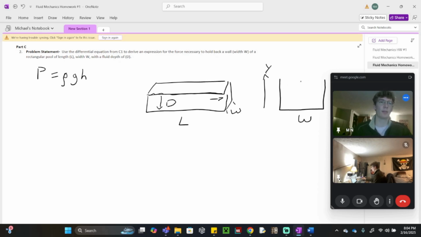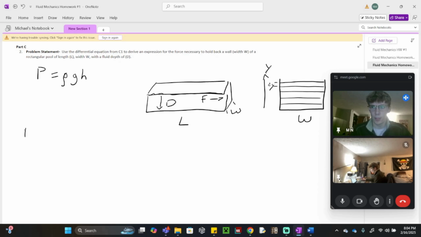The way we're going to think about doing this, because remember, the pressure force acting on this wall changes according to depth. So the deeper we go, the more pressure will be applied on our wall. So we need to take little cuts all the way down to the bottom of our depth with thickness dy and integrate these and add them all up to get our force.